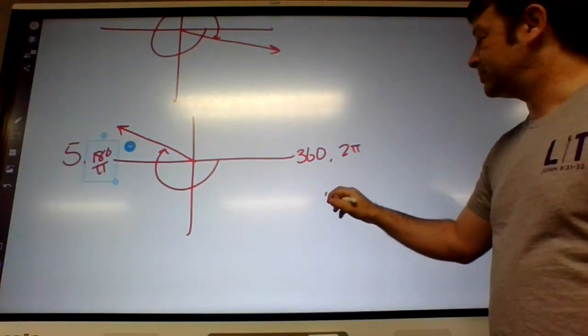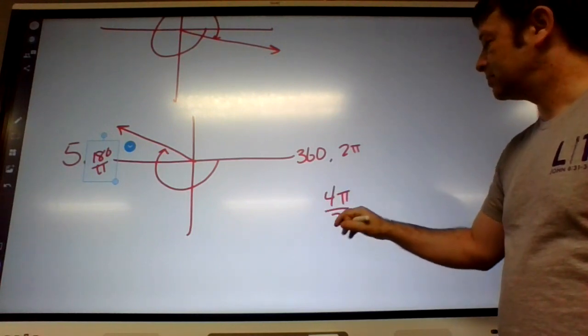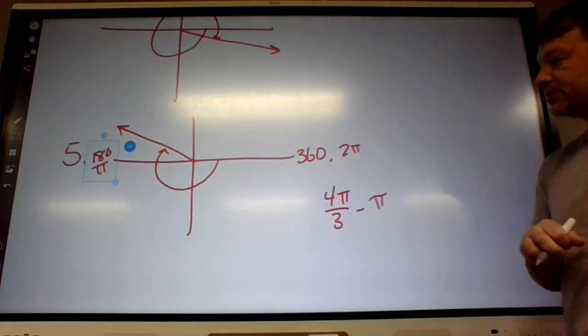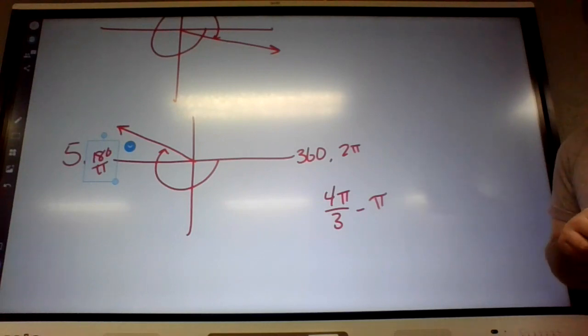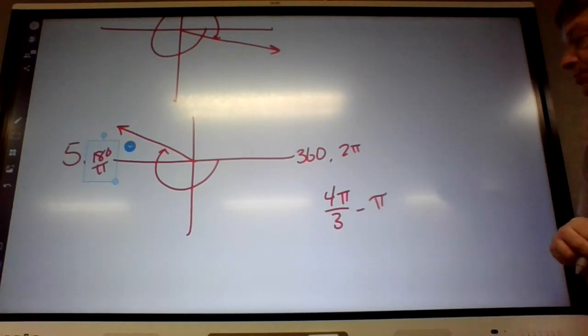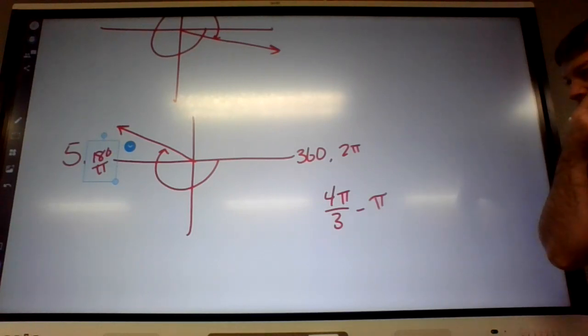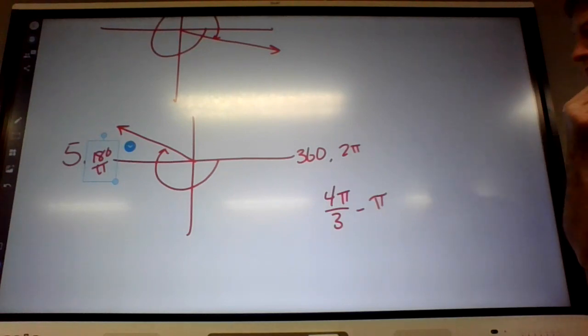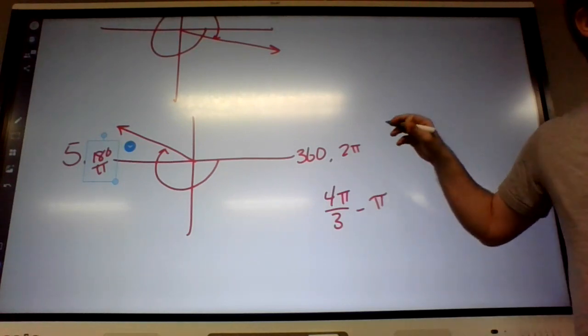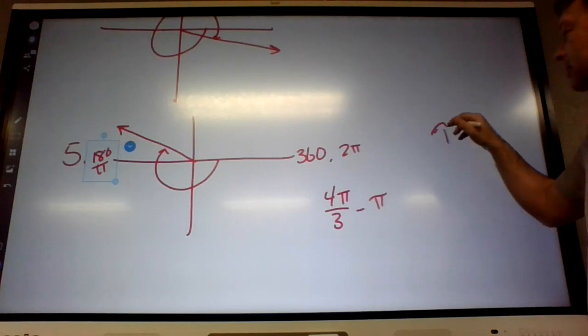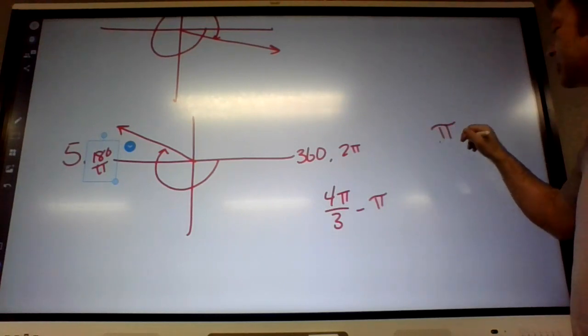So you could just do 1/3. Yeah, it is 1/3 pi, or they probably put pi over 3.